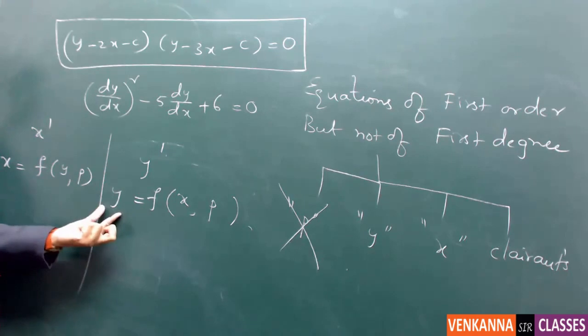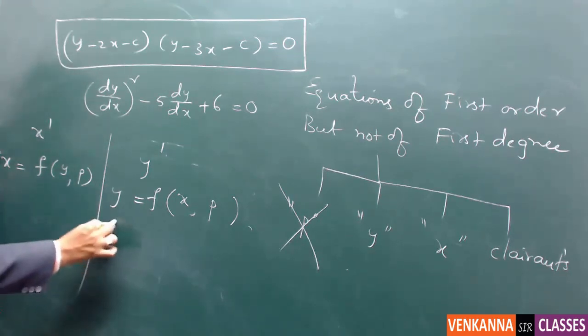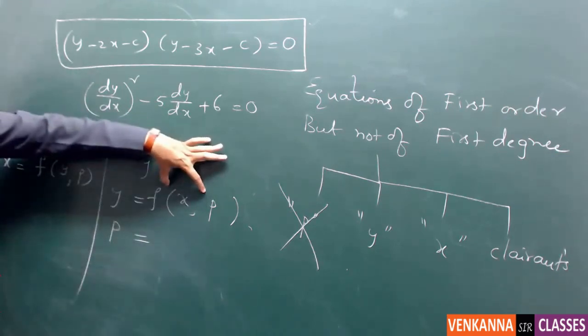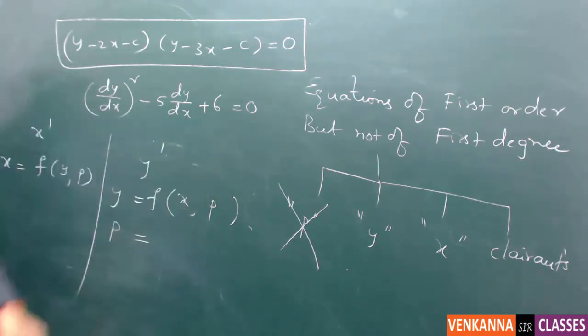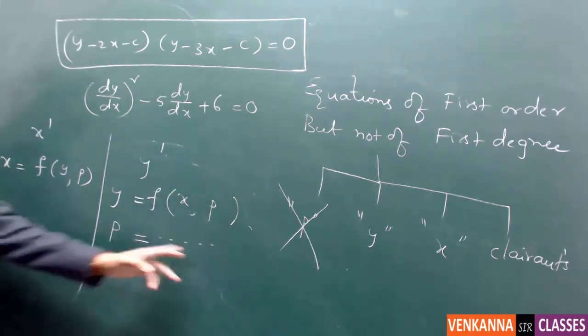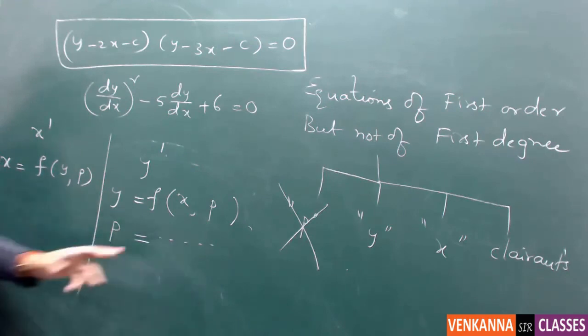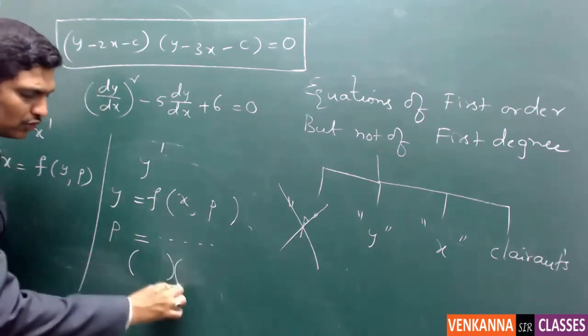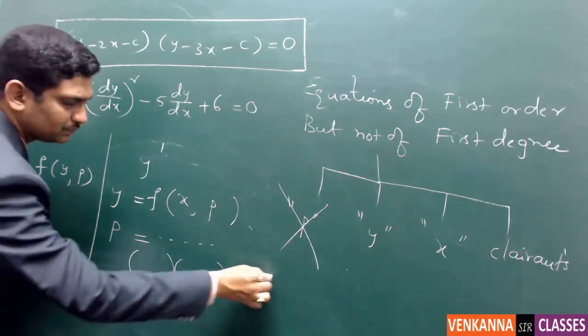So left side, what will come? dy by dx, nothing but p, is equal to, on doing differentiation, we will have respective terms. So this entire expression will be written as a product of two things equal to 0.